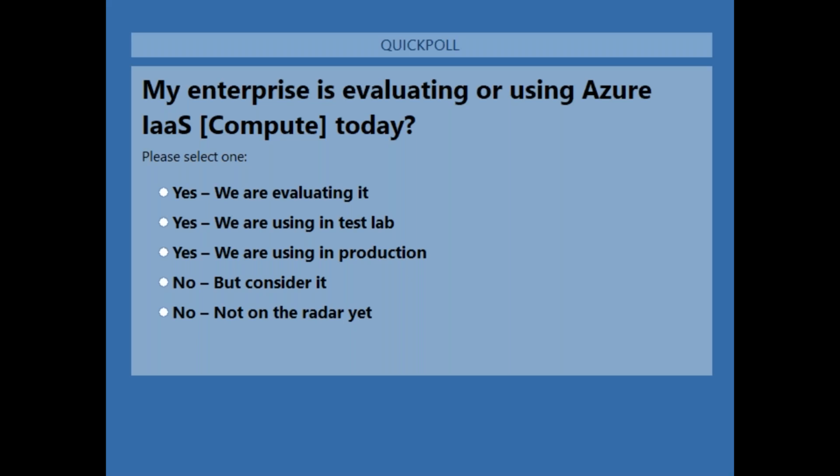Don't include AI. That's a whole different bucket. This is more classical. Hey, I'm looking to put compute in Azure. So we'll give you guys a couple seconds to answer this. And I'm going to do last call for clicks, going once, going twice, and going 3 times.